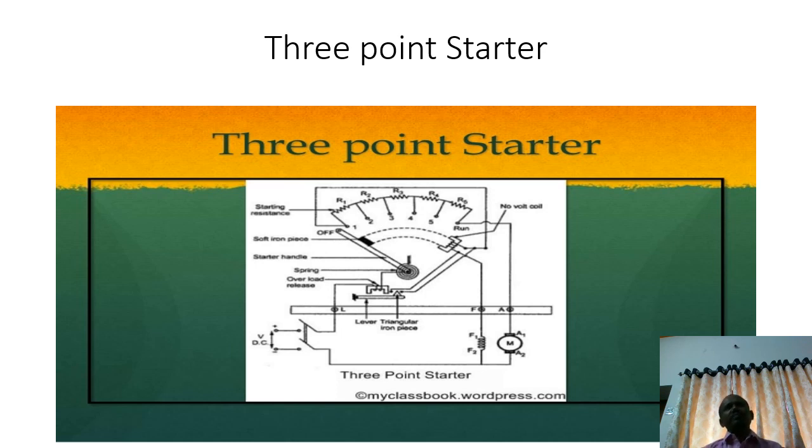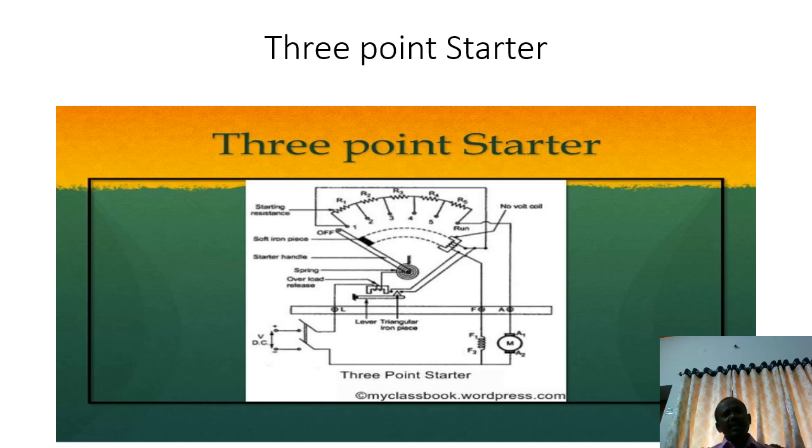Here the armature resistance is very small at this condition. So IA is equal to V by RA. Armature resistance being very small means a very high armature current passes through the armature winding. As the applied voltage V is constant in this case, high armature current will damage the armature winding.